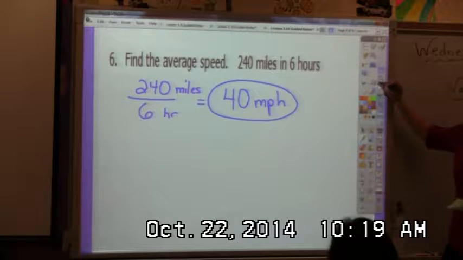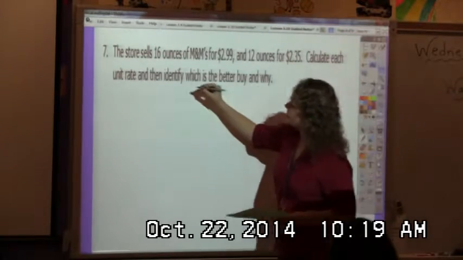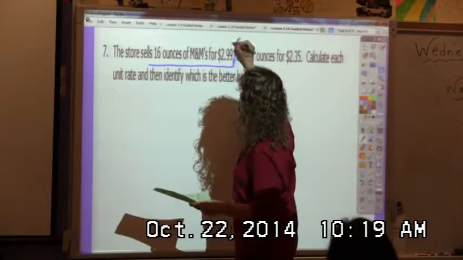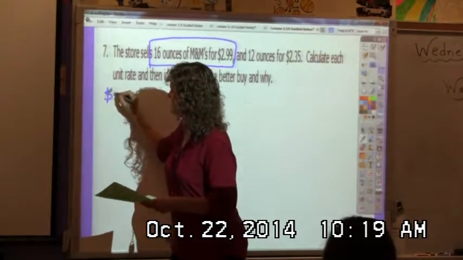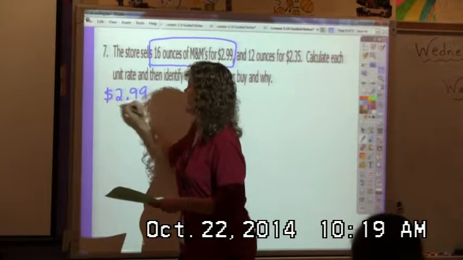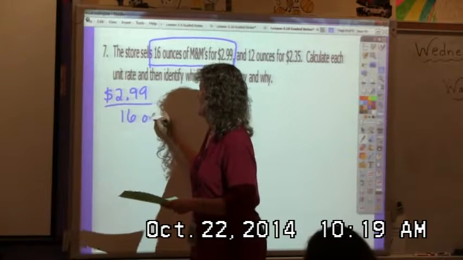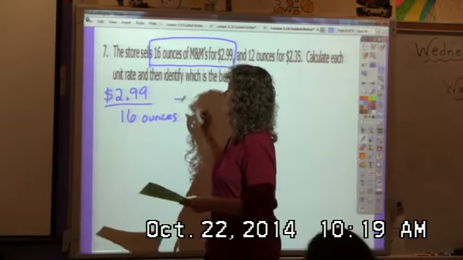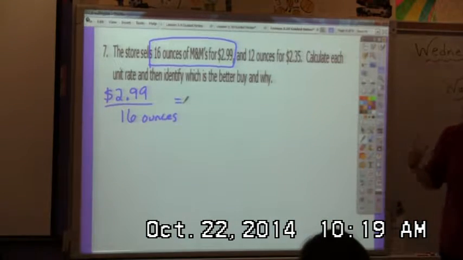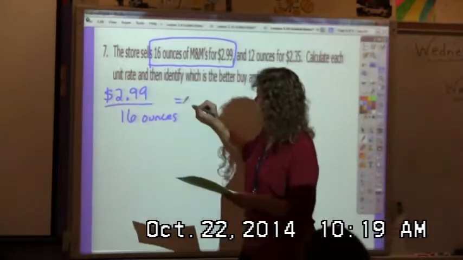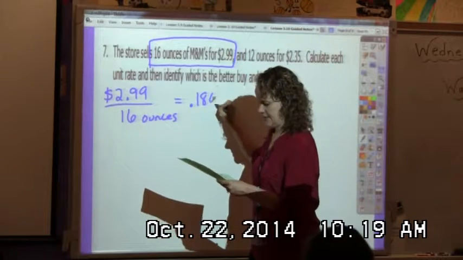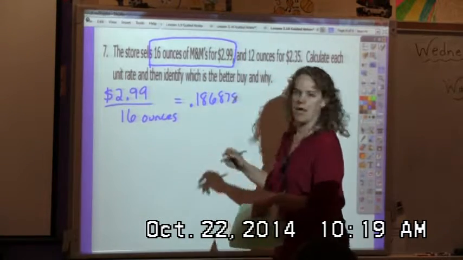I want to buy some M&Ms, and we can get 16 ounces of M&Ms for $2.99. Money goes on top, $2.99 divided by 16 ounces. When you punch that into your calculator, top divided by bottom, you get 0.18687, blah, blah, blah, blah, blah.